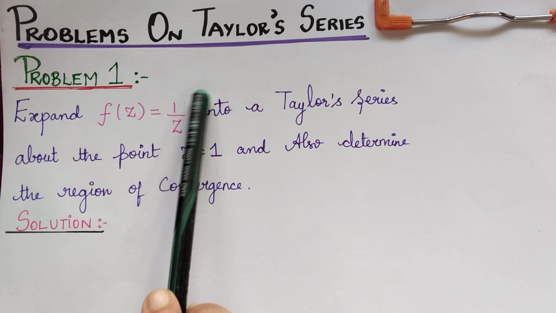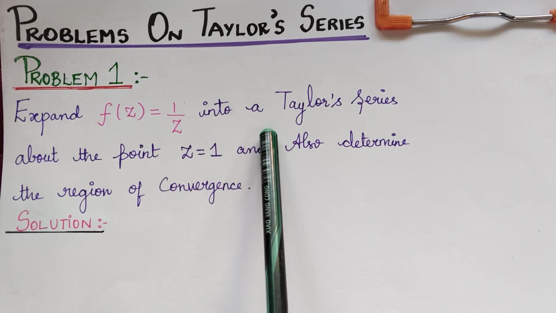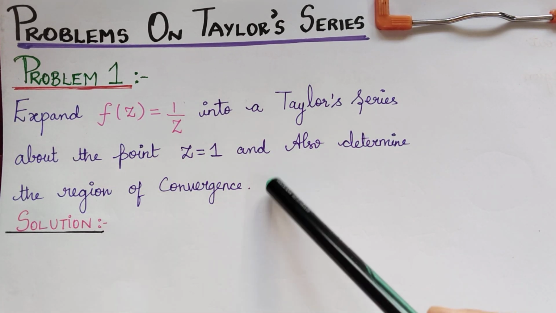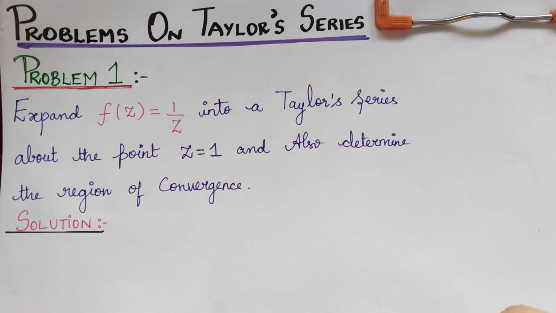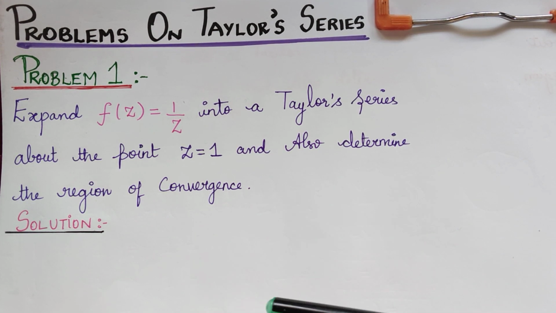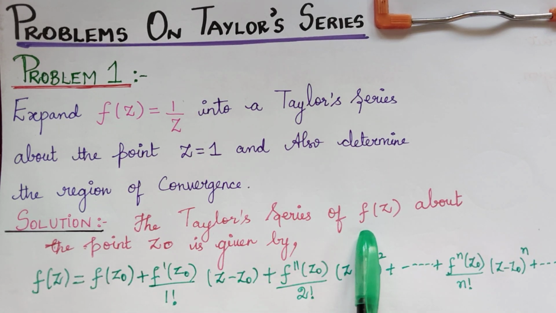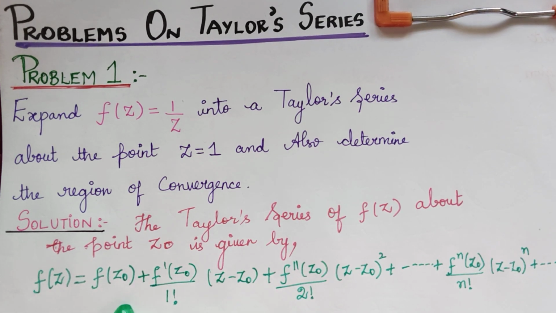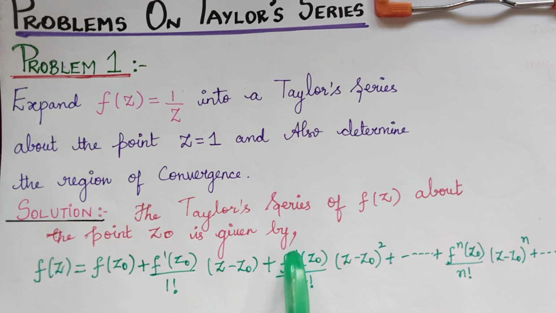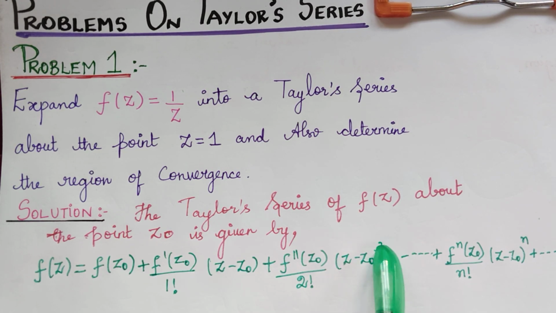Now first we shall expand f of z equal to 1 by z into a Taylor series about the point z equal to 1. For that, first we have to write the Taylor series of f of z about the point z naught. By the theorem on Taylor series, the Taylor series of f of z about the point z naught is given by f of z is equal to f of z naught plus f dash of z naught by 1 factorial multiplied with z minus z naught, plus f double dash of z naught by 2 factorial multiplied with z minus z naught the whole square.